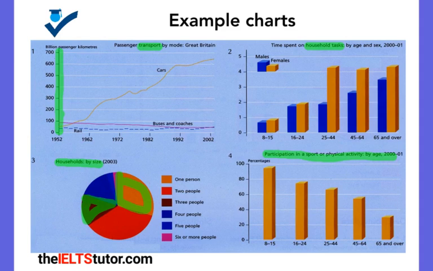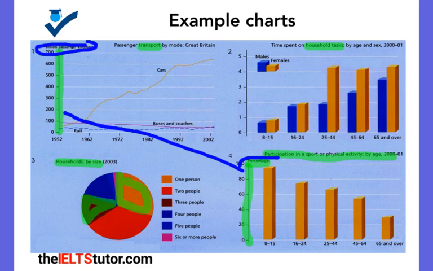Now, percentages, you can find that in chart number 4. You can see from the vertical axis, it's marked with percentages. It's not total. Make sure that you understand the difference between total and percentages. They both have numbers, but one talks about totals and one talks about percentages.